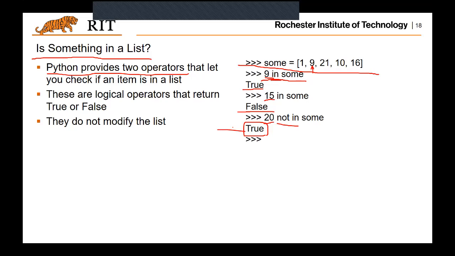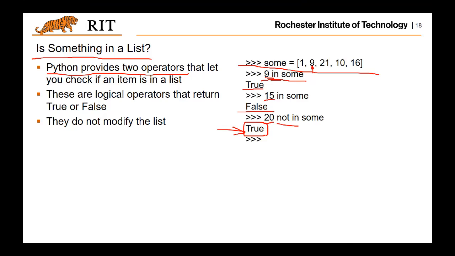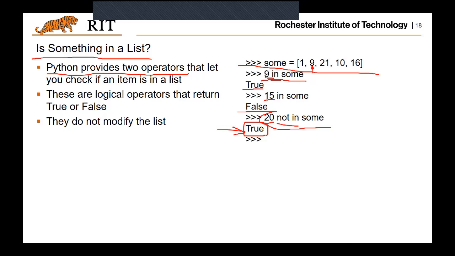So it will return true. So that's the way you think of how this not in and in will return this kind of binary value. It gives you a binary value to indicate if the statement is true or not. So any question?